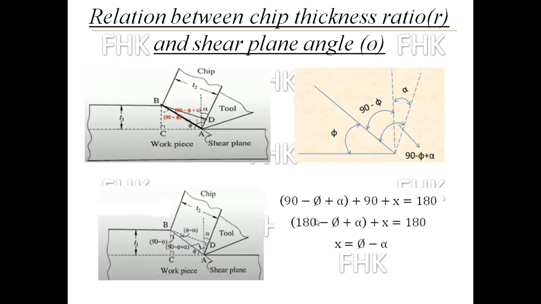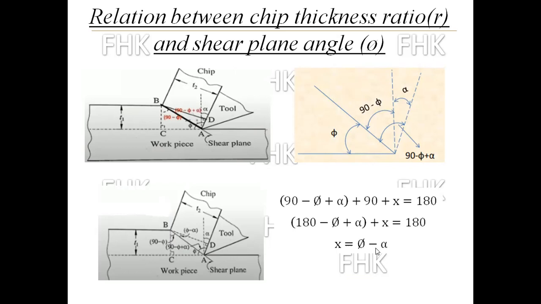The 180 will cancel this 180, so X is equal to phi minus alpha. So this angle ABD will become phi minus alpha.